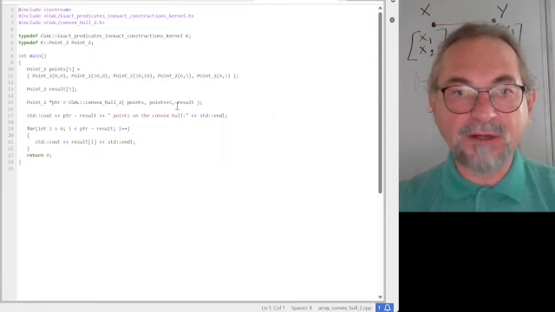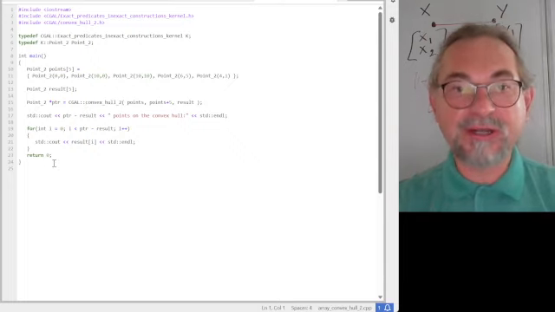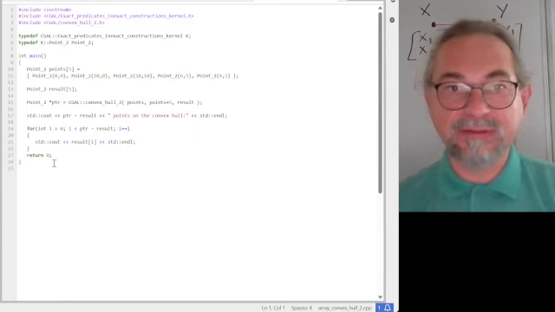I will define here the convex hull, which is defined as a CGAL object, a pointer to a point, and I can then print the results.